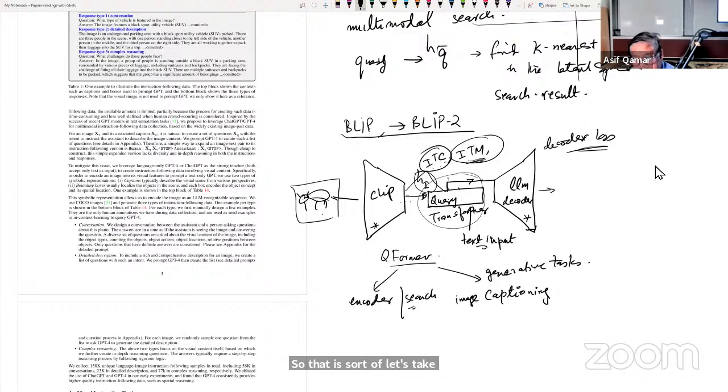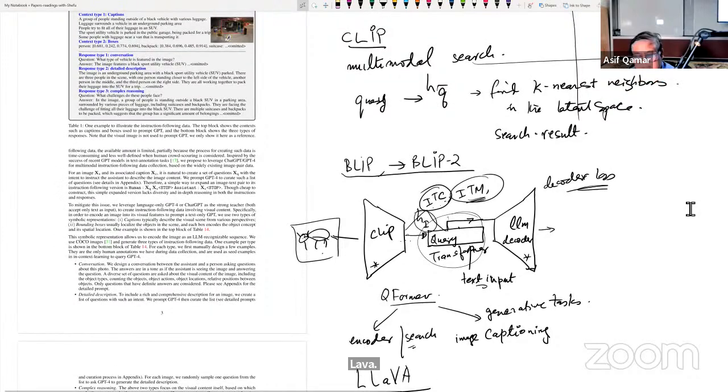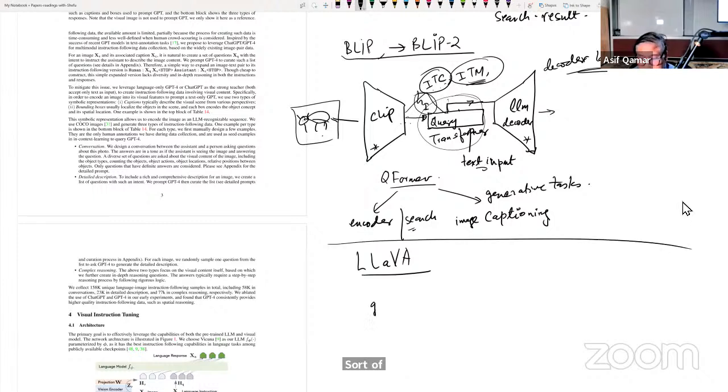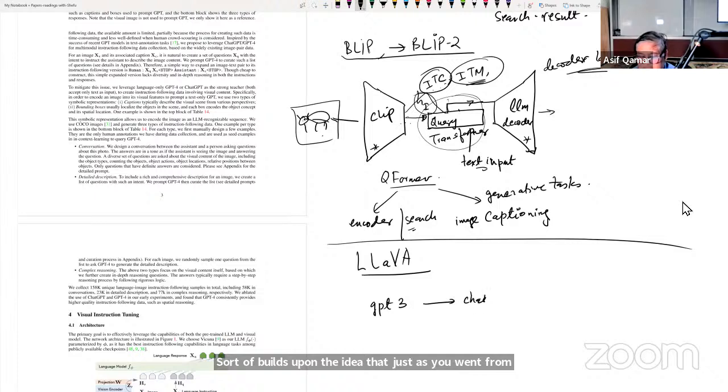And with that background, now ask, what is the contribution of this paper, LLaVA? This paper builds upon the idea that just as you went from GPT, let's say GPT-3, to ChatGPT, if you remember, what was the gap?